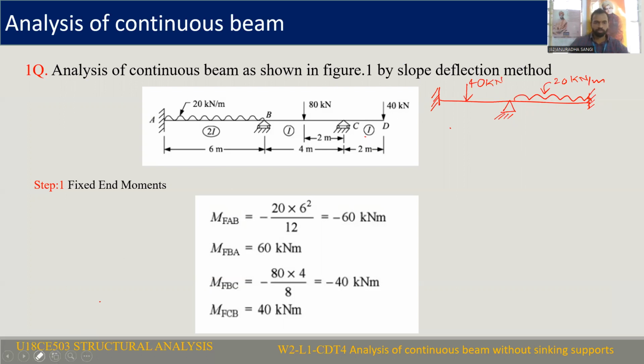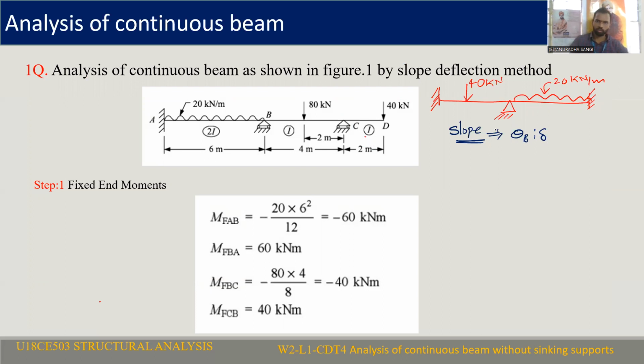Now, we are asked to analyze by using slope deflection method of analysis. Which method is this? This is a displacement method. In displacement methods, the unknowns are the displacements, that is slope and deflection, theta and delta.